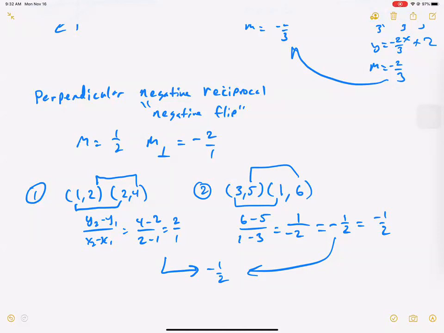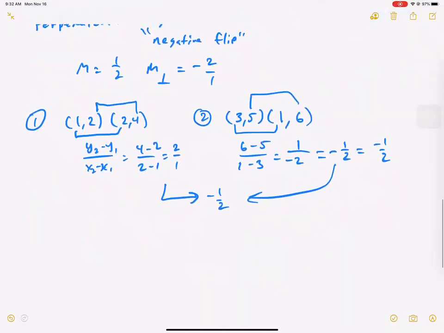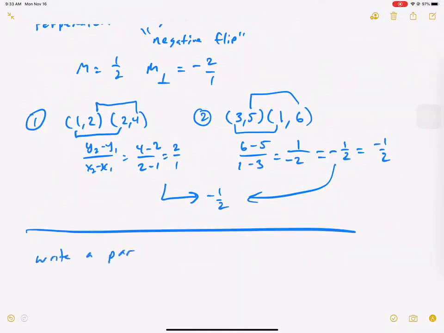The last part here, sorry, I'm running out of time, is to write an equation given this information. Let's say a parallel line equation.